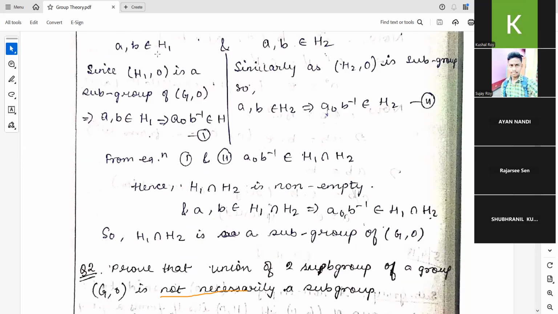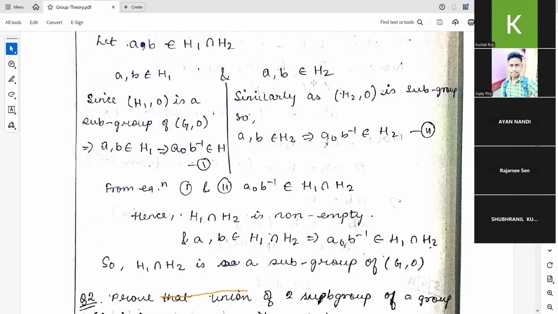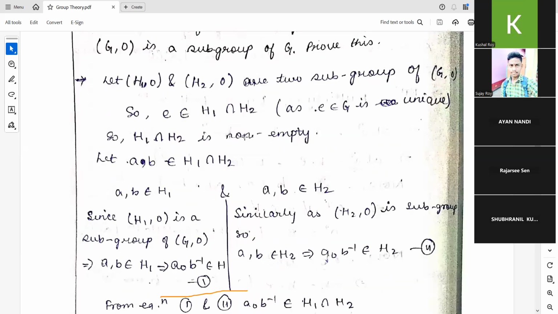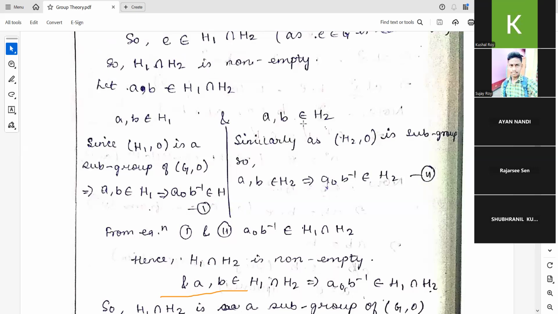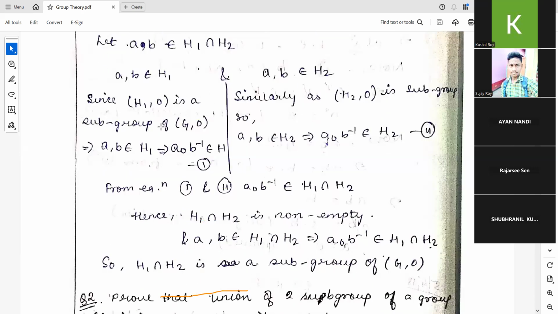Therefore A comma B must belong to H1 as well as to H2. We have already assumed that H1 is a subgroup as well as H2 is a subgroup. Therefore A comma B belongs to H1 implies A composition B inverse belongs to H1. Similarly, A comma B belongs to H2 implies A composition B inverse belongs to H2.